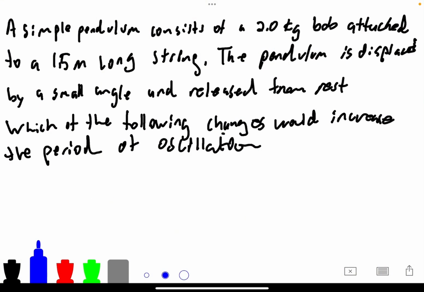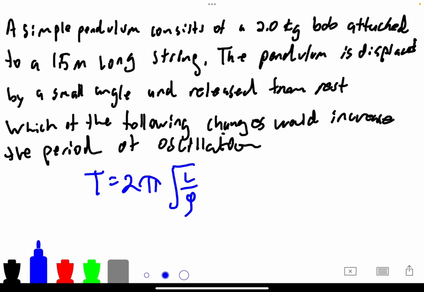A simple pendulum consists of a 2 kilogram bob attached to a 1.5 meter long string. The pendulum is displaced by a small angle and released from rest. Which of the following changes would increase the period of oscillation? A pendulum's period is equal to 2 pi square root of L over g. So the only factors that change the period are the length and the gravitational field.